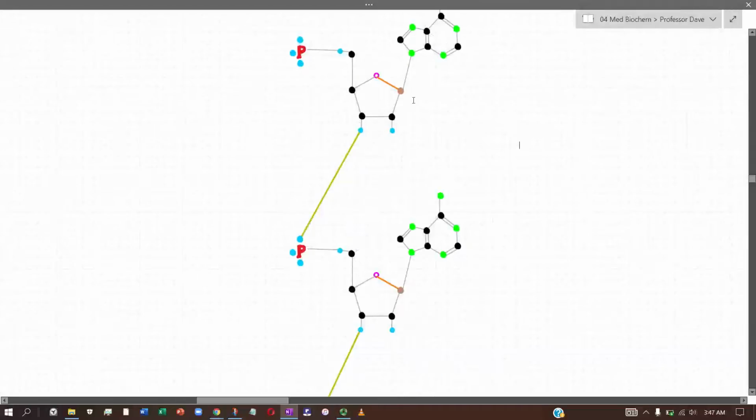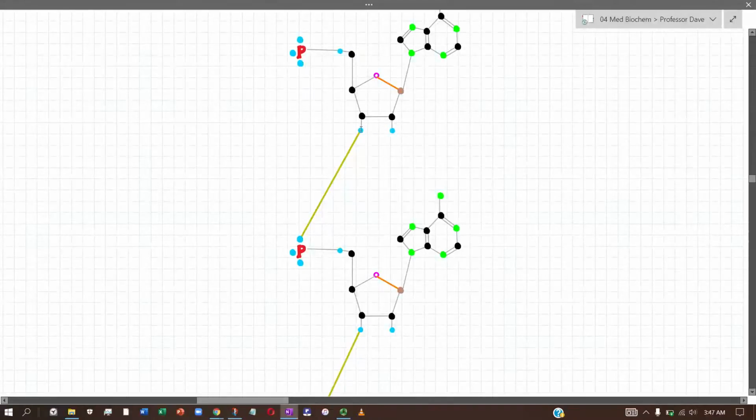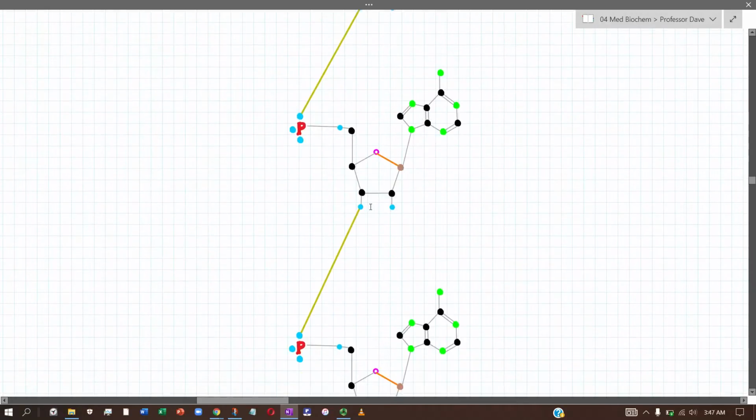So you have again 1, 2, and 3. So this is carbon number 3. The hydroxyl group from there will perform chemistry and create a link to the phosphate of the adjacent nucleotide. And again, it's highlighted here.